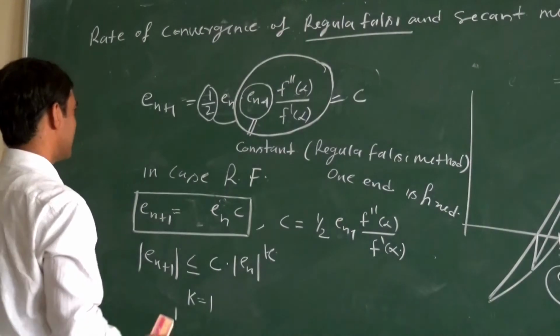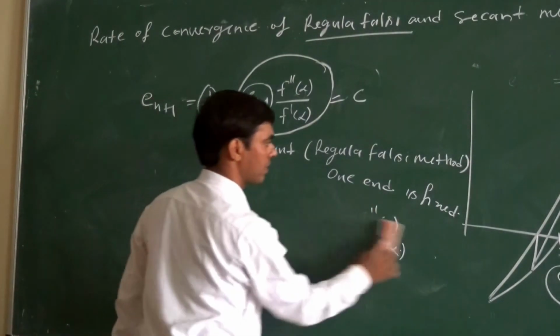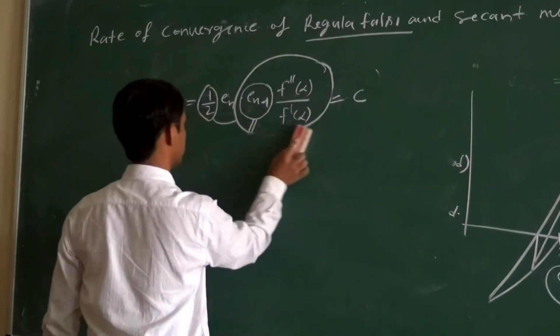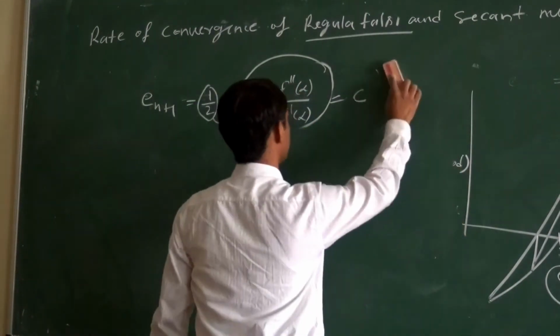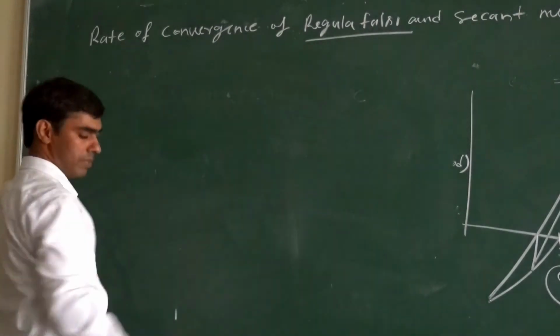Now, how do we derive the rate of convergence of the secant method from this expression? As we described, this is the expression.